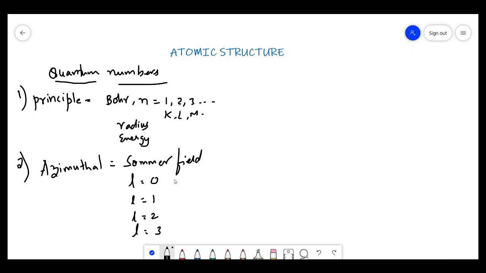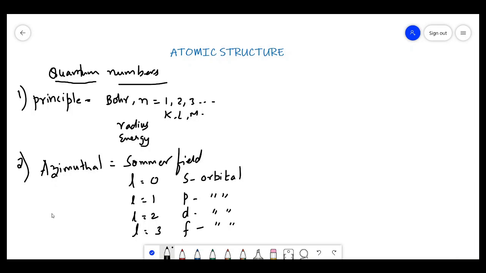When the L value is 0, it indicates an s orbital; L value 1, p orbital; L value 2, d orbital; and 3 is for f orbital. So what is the significance of azimuthal? It signifies the shape. So this is spherical, and this is dumbbell, double dumbbell, and four-fold.